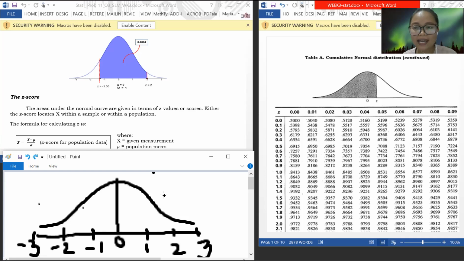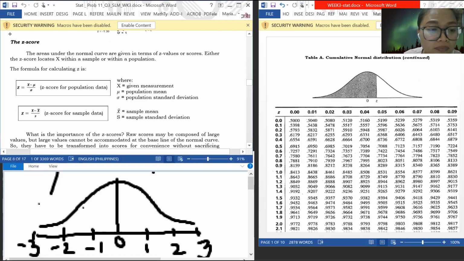So again, kung to the left, mao na. Kung mingon siya to the right, 1 minus ka nang nabasa ni mga area gamit ng table na to. Okay? Kung mingon siya in between, very simple ra. Kuhaan ang duha ka value gamit ang table, isubtract ra silang duha, mauna na siya between. Okay? Na siya, very simple.